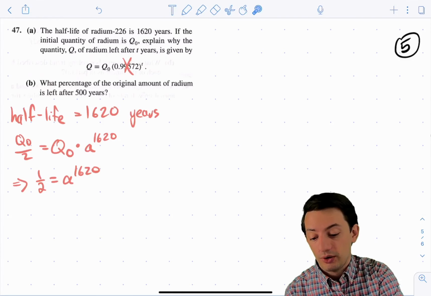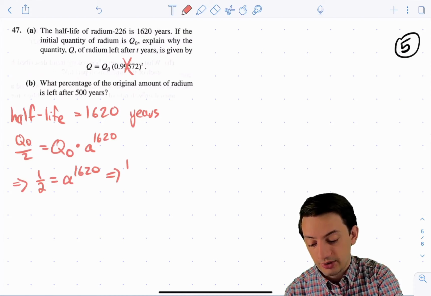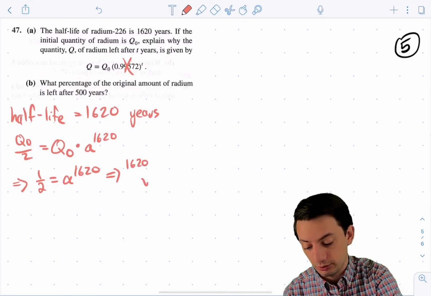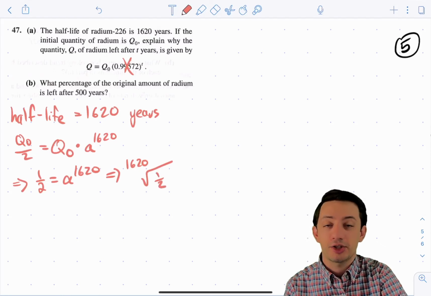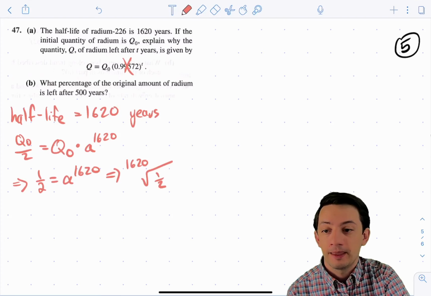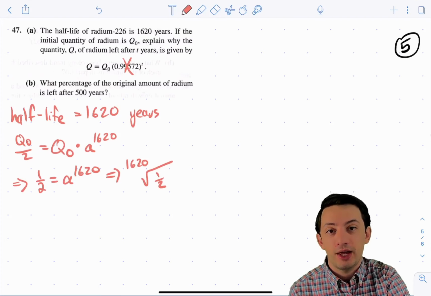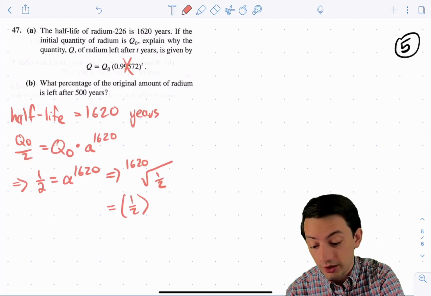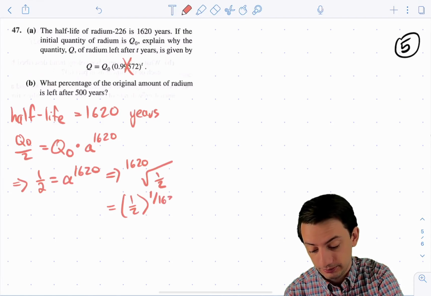Well, this is where we need some roots. So we could phrase this as the 1,620th root of 1/2. That's not a square root, not a cube root, but a 1,620th root. The easier way to enter that in most calculators is as 1/2 to the power of 1 over 1620.